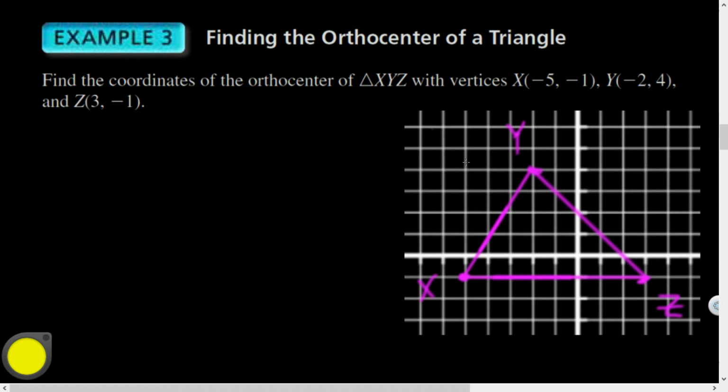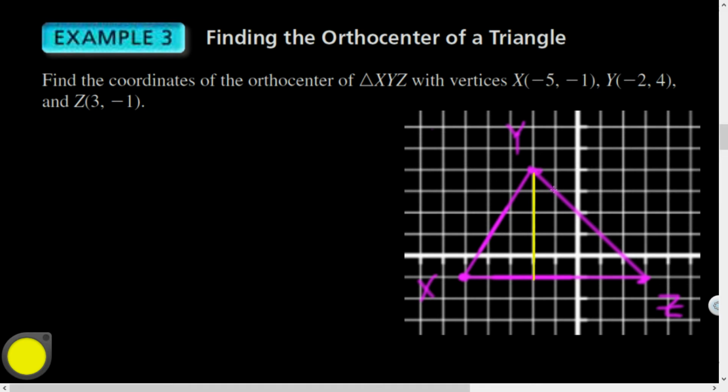Which altitude will be the easiest one to find? Probably the one that passes through Y, right? It looks like that'll just be a perpendicular line. So I think we could even just draw that by eye. So we've got one altitude right here.